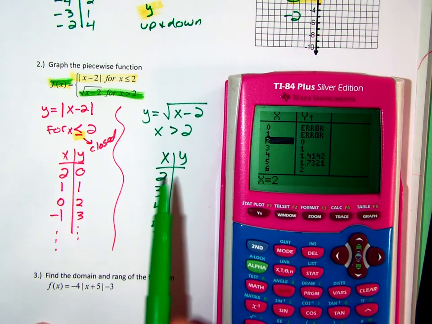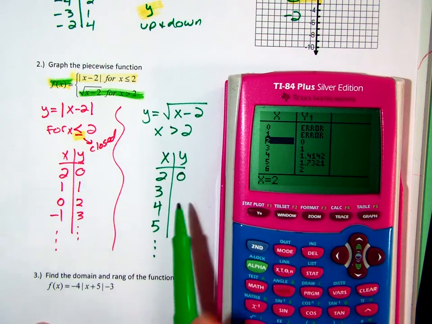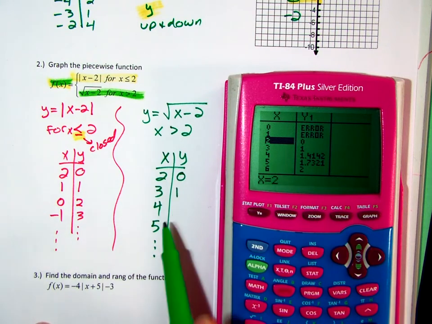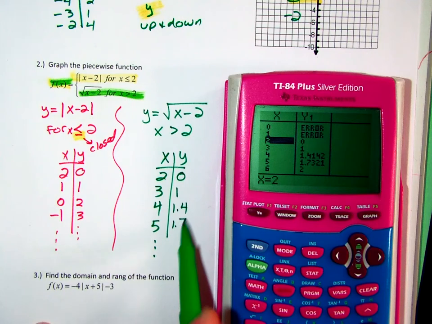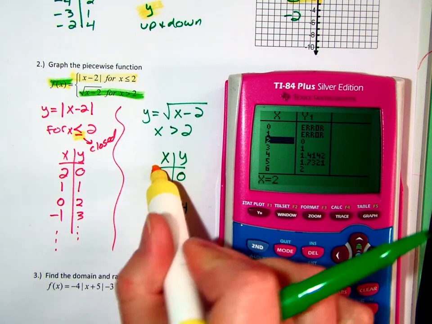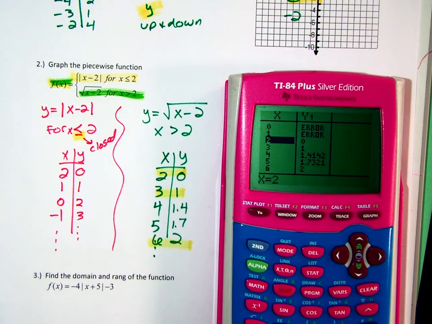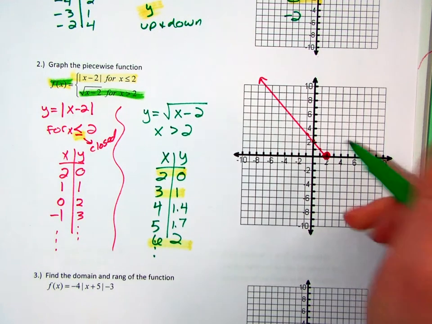The first point I wanted was at 2, 0. So 2, 0. 3, 1. 4, and 1.4. 5, and 1.7. And I'm even going to put the 6, 2, because to be honest, I'd much rather just graph the whole numbers than the decimals. So now I can move my graphing calculator out of the way.